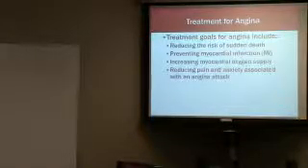Let's talk about treatment. For treatment, it's sort of reverse of what the signs and symptoms for angina pectoris is. We want to reduce the risk of death, obviously. We want to prevent a heart attack from happening. So patients will typically show signs of a heart attack a couple of weeks before the heart attack actually happens.